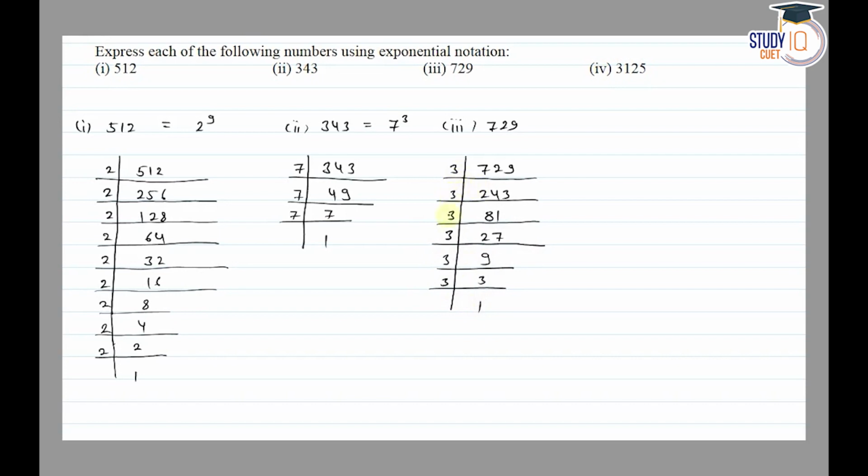So 1 2 3 4 5 6. 729 is equal to 3 raised to the power 6.